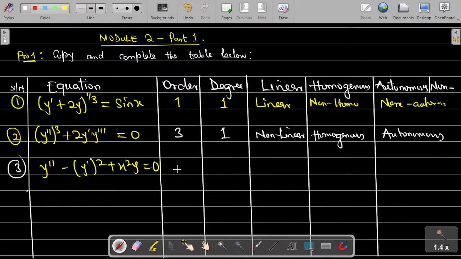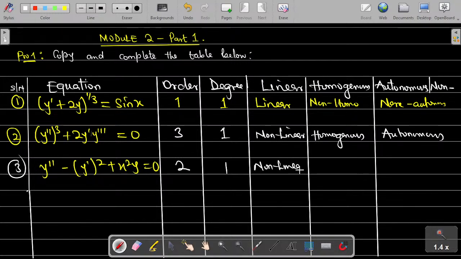What's the order? The order is 2. What's the degree? The degree is 1. Why is it order 2? Highest derivative is 2. Why is it degree 1? The power of the highest derivative is 1. And is it linear? Of course, it's non-linear because of the square of that degree 1 there, so it's non-linear.